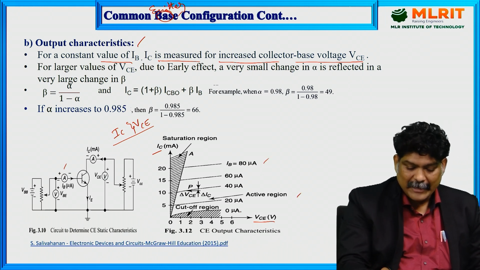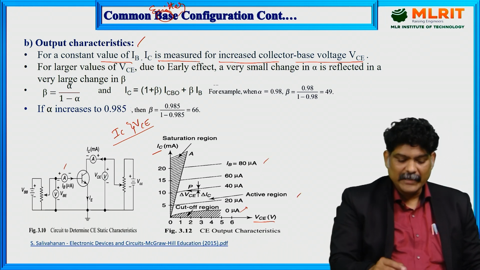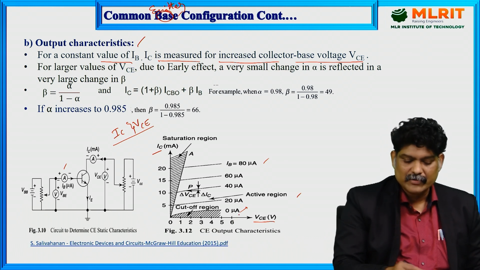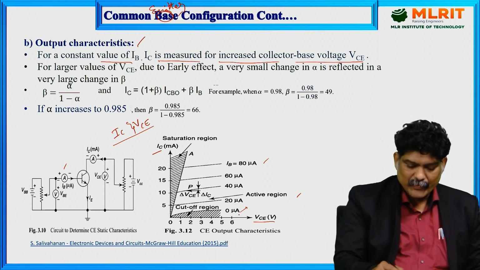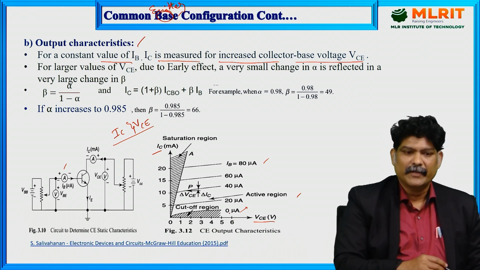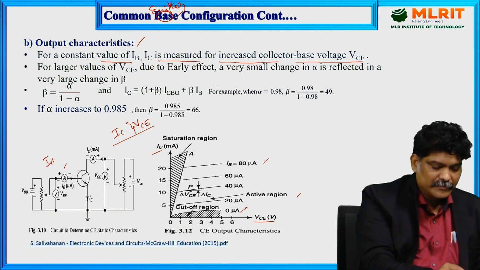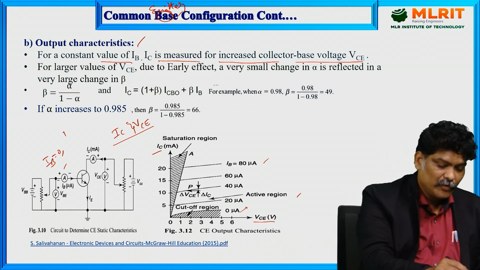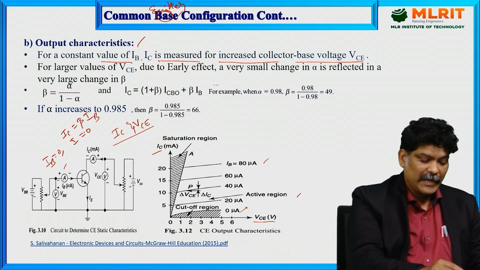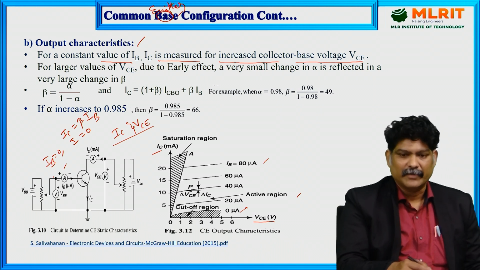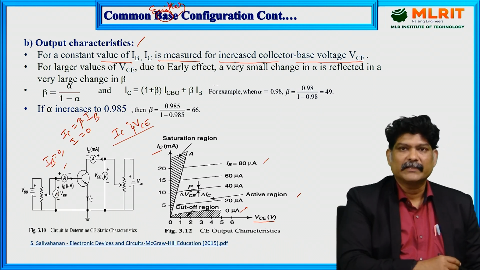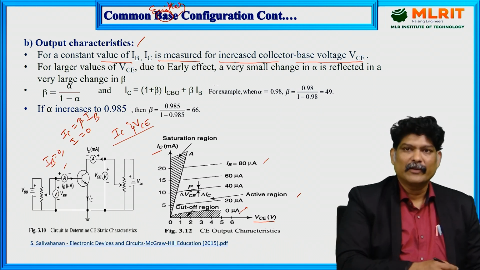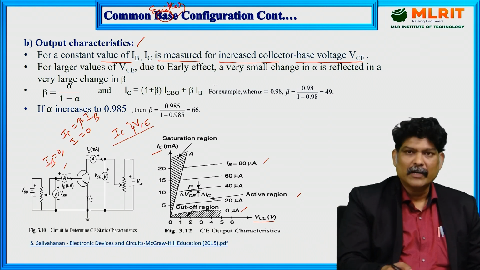So let us start from IB equals 0 microamperes. IB equals 0 means, since we know IC is equal to beta IB, IC is also 0, because the input section is open circuited and there is no current flow.